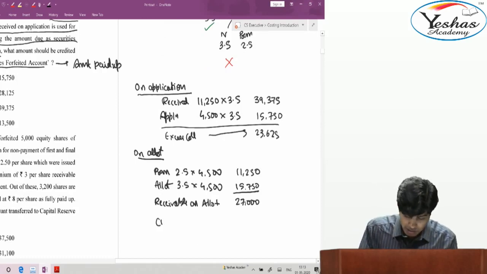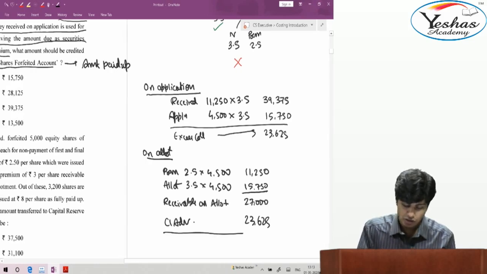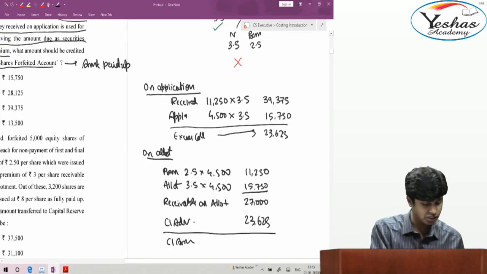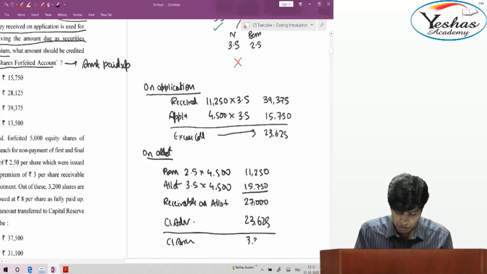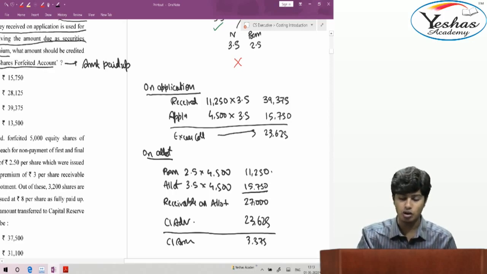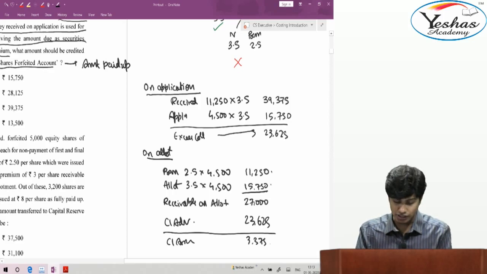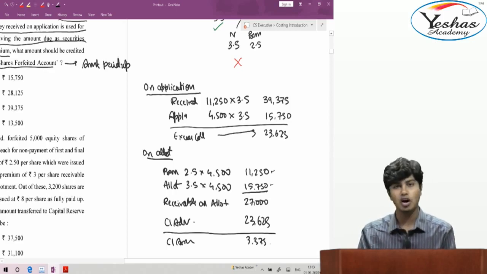Calls in advance that I already have is 23,625. So how much is the money that is not received now? 27,000 minus 23,625 comes to 3,375. Now is this money not received out of premium or out of allotment? This is our question.